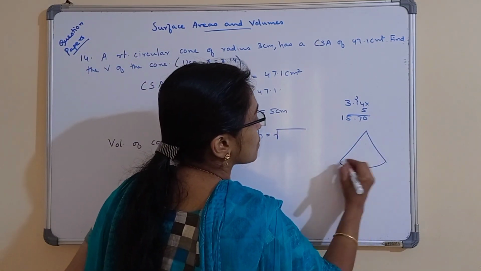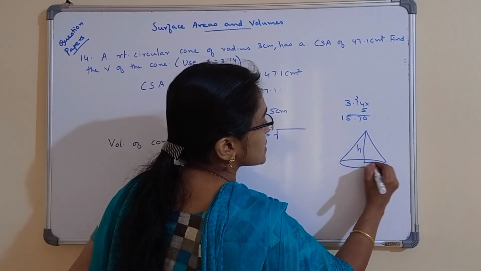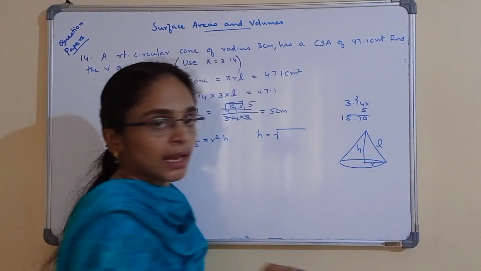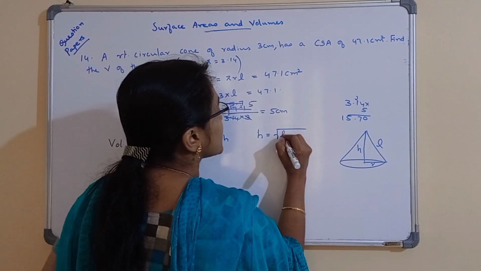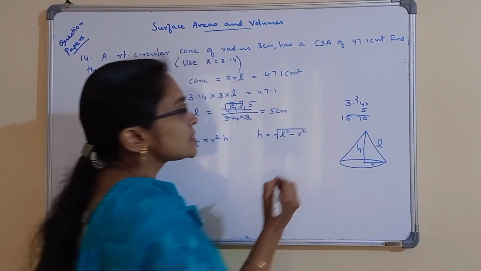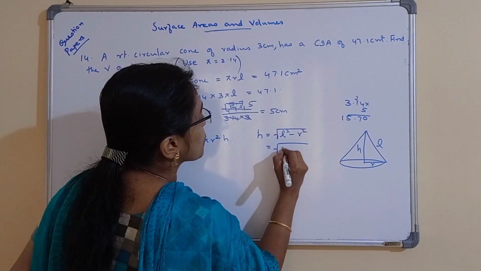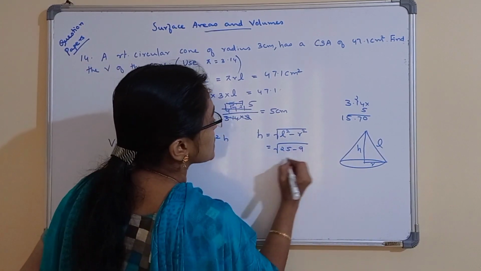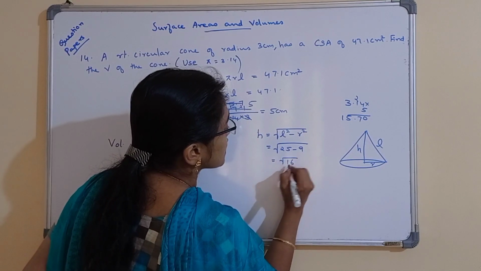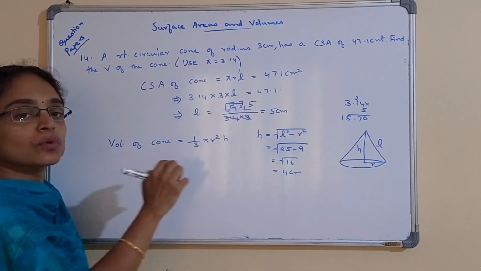If this is a cone, this is h, this is r, and this is L. So h is equal to root of L square minus r square. So we can find this as root of 25 minus r is 3, so 9, which is equal to root of 16 is equal to 4 centimeter. So h is equal to 4 centimeter.